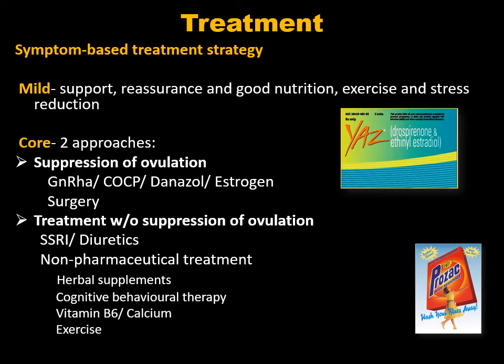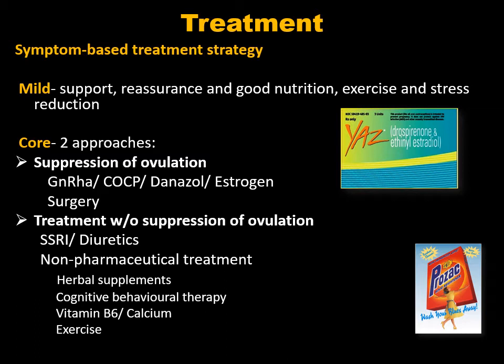Suppression of ovulation can be done using combined oral contraceptive pills. We don't use a gonadotropin releasing hormone analog because we use it for a limited duration of time, usually 6 months only. Otherwise, if we need to use it longer than that, we need to give backup hormonal therapy, estrogen, because of the risk of osteoporosis.